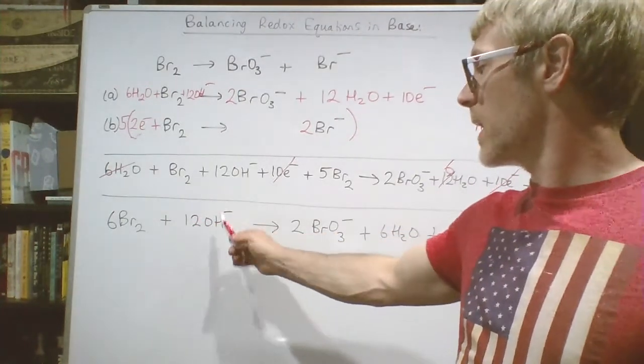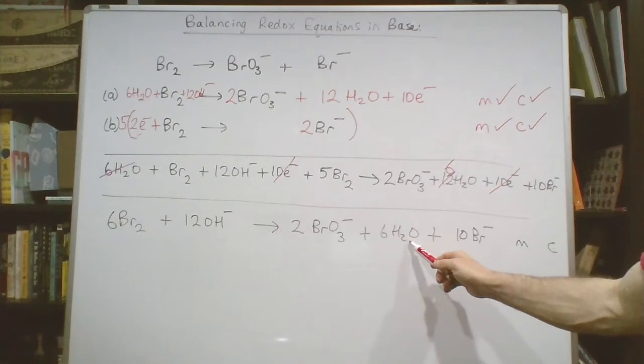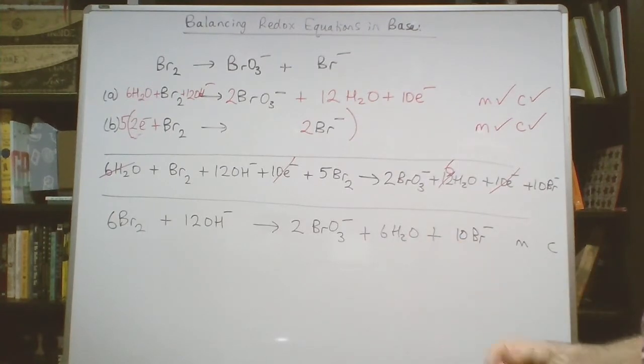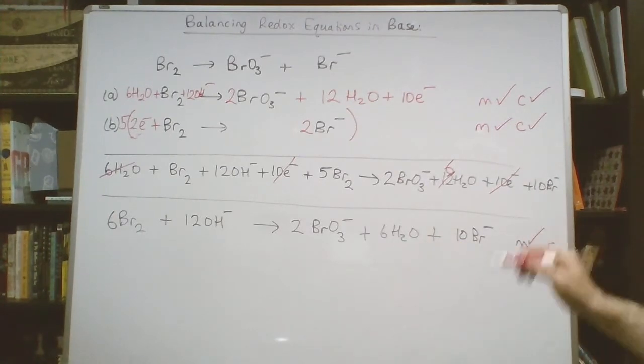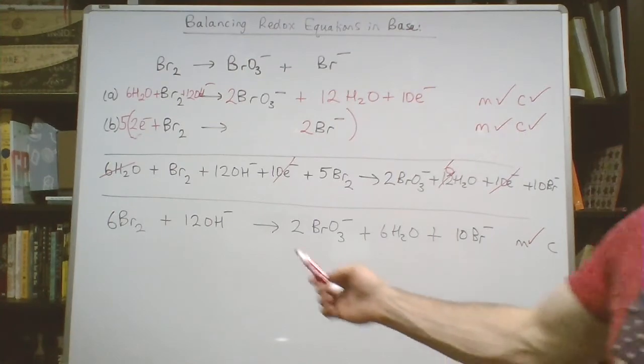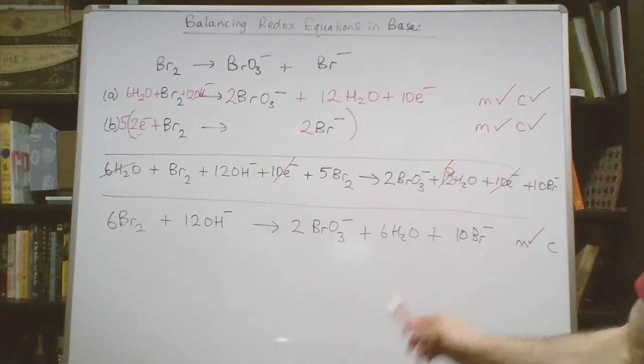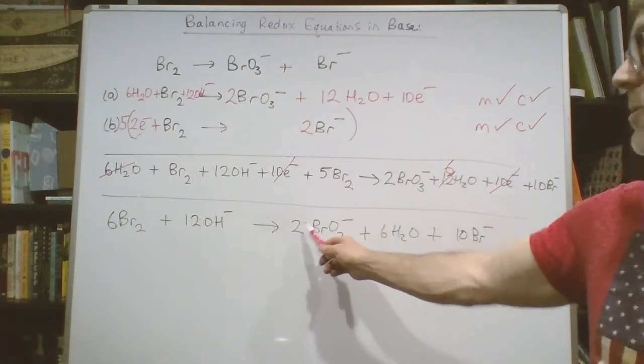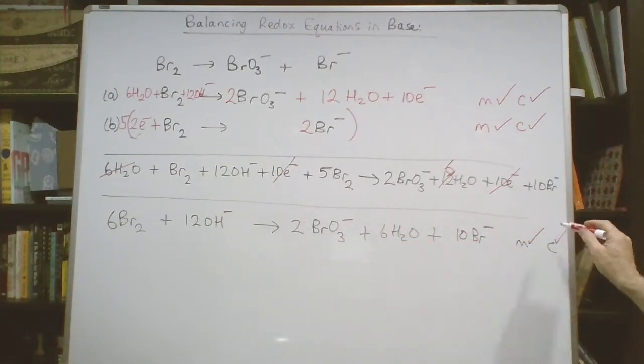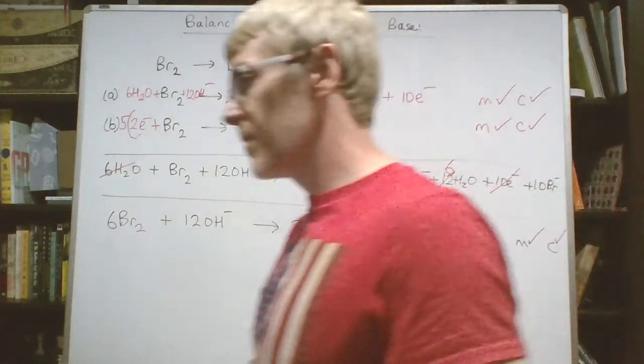I've got 12 hydrogen. 6 multiplied by 2 is 12 hydrogen. So all of my mass balances. And now finally charge. I've got 12 negative charges on the reactant side. 10 negatives plus an extra 2 negatives is 12 negative charges on the product side.